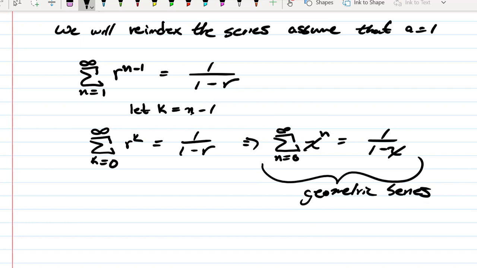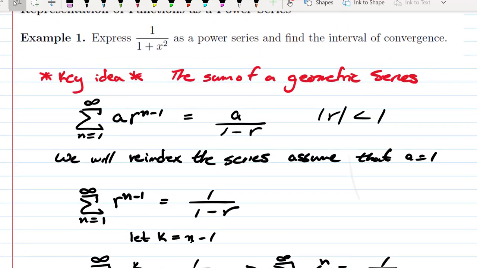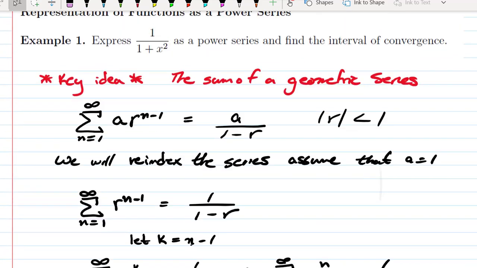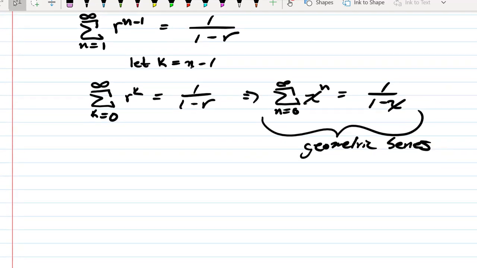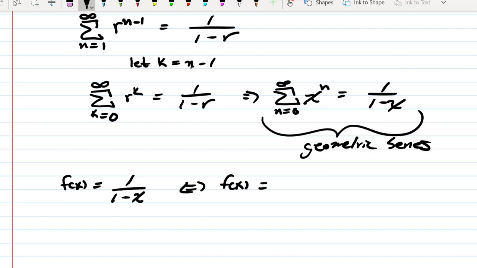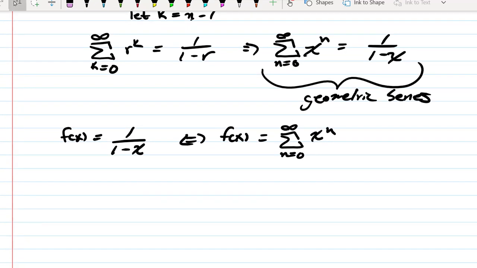And that's going to be the basis of what we are going to do. So starting with that idea, we want to express this function 1 over 1 plus x squared as a power series. So if our base series is f of x is equal to 1 over 1 minus x, but the series says that f of x is also the same thing as the sum as n equals 0 to infinity of x to the n, these two things are the same.